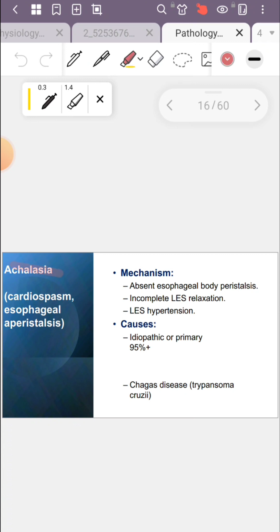Also it is called cardiospasm or esophageal aperistalsis. This normal propagating movement, peristaltic movement, is very important in bowel movement and also in the relaxation of the lower esophageal sphincter.